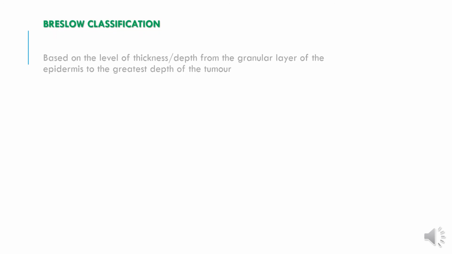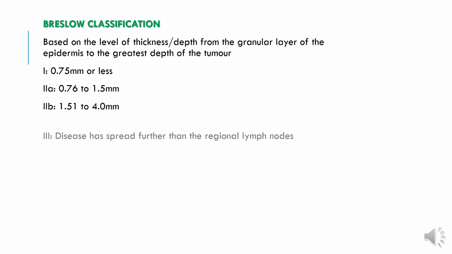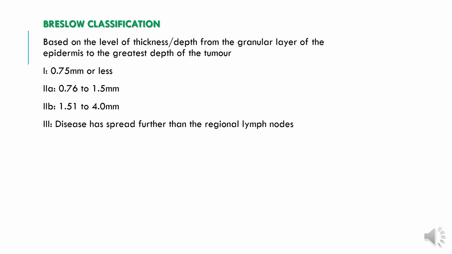So another classification is Breslow classification, which is based on the level of thickness or depth from the granular layer of the epidermis to the greatest depth of the tumor. Remember the granular layer of the epidermis? From that layer to the greatest depth of the tumor, when it's measured, you could tell the degree of thickness or depth of the tumor.